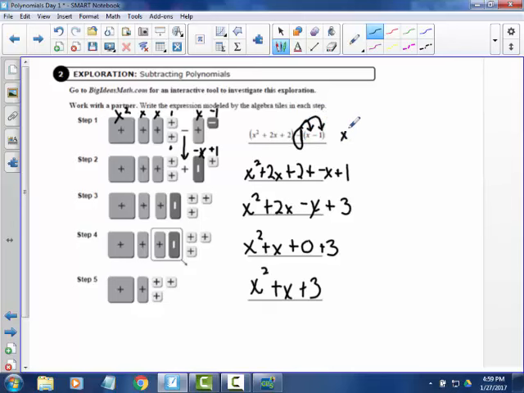So this would be x squared plus 2x plus 2 minus x plus 1. Okay. And then we look for our like terms, and we combine them, so we'd have x squared plus x plus 3. Okay. So we come up with the same answer, it's just a slightly different way of looking at it.